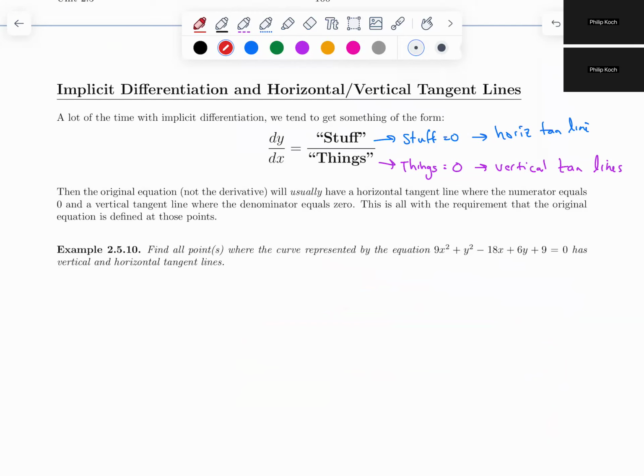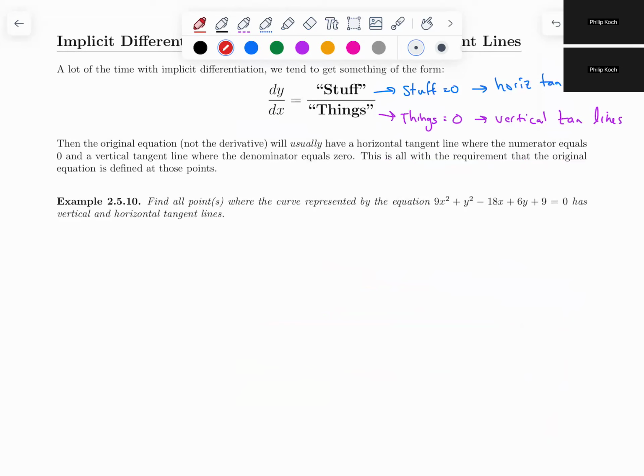So anyways, we're going to find the derivative. So d/dx of the left-hand side is equal to d/dx of the right-hand side. So d/dx of 9x squared plus y squared minus 18x plus 6y plus 9 is equal to d/dx of 0.